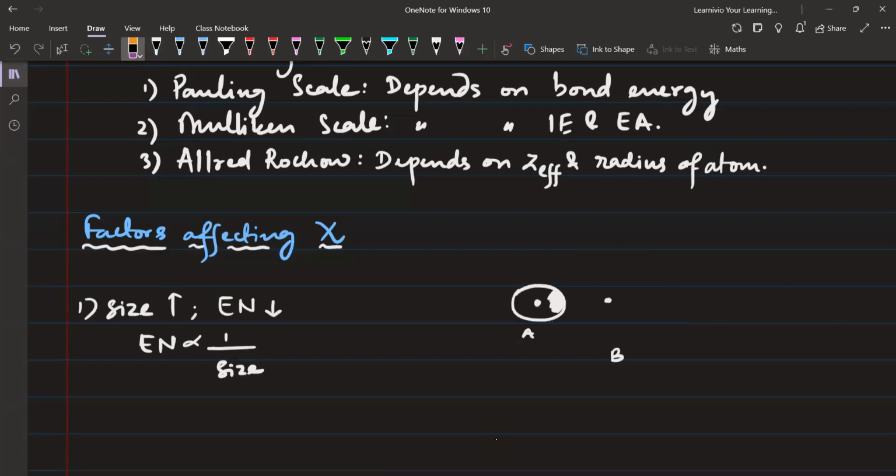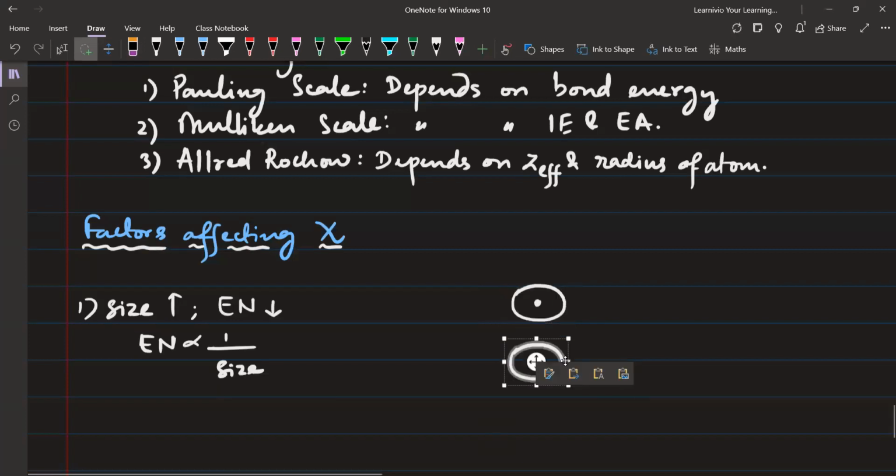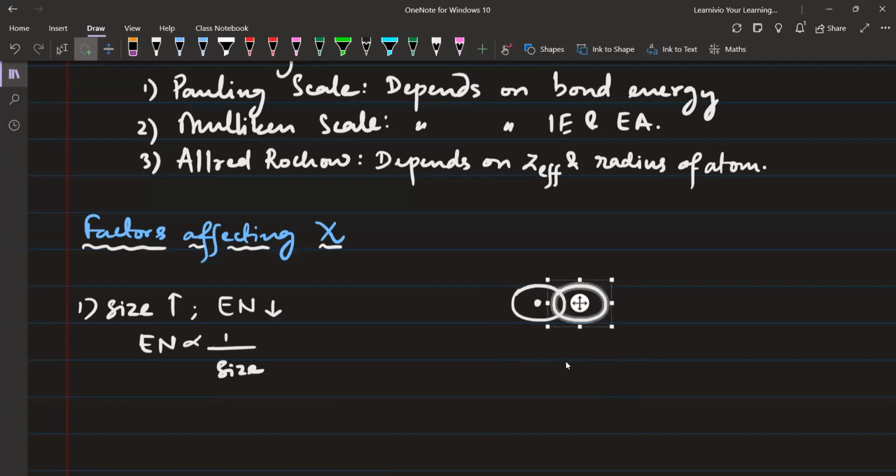Let us suppose the size is same. Now, here, let us suppose it has 11 protons. Here it has 17 protons.